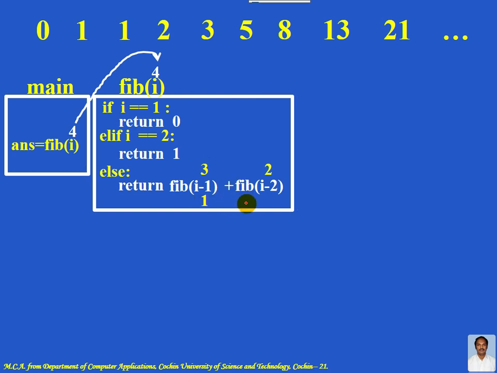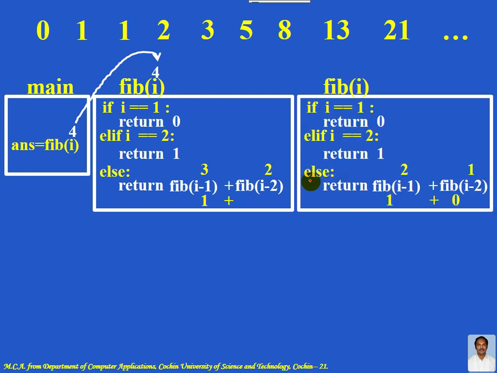Now return 1 plus, you call the function again, and this time the argument passed is 2. Remember, the same function is called, and for your understanding, let me type it again. So you call the function, and this time the argument passed is 2. So 2 is passed to this function. Your variable I contains 2.